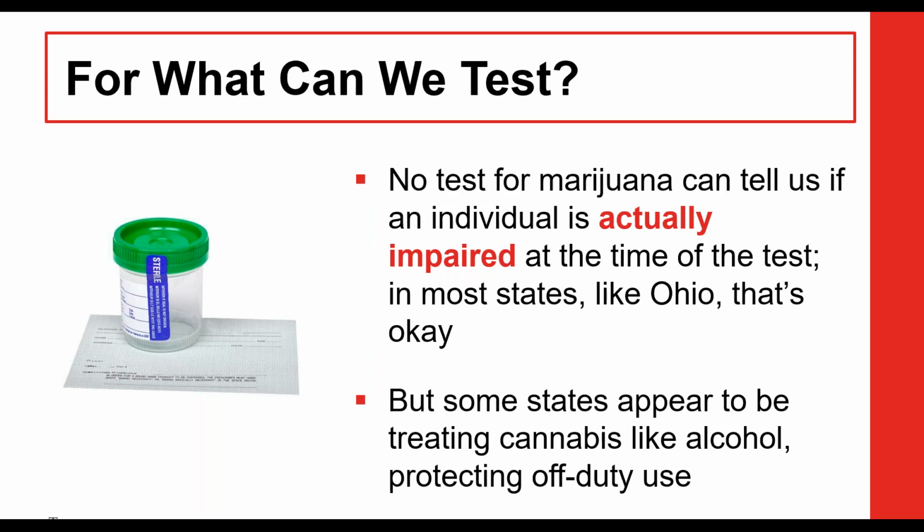And the reason is because unlike testing for alcohol, which is a really accurate measure of blood alcohol content and applies directly to impairment from alcohol, there's no test for marijuana that can tell us, is this individual high right now at the time of the test? Is this person impaired? So there's no test that can tell us actual impairment number, because there's no, quote, BAC for active delta-9 THC. That just does not exist.